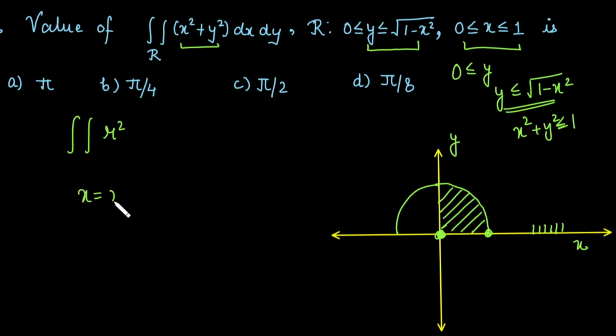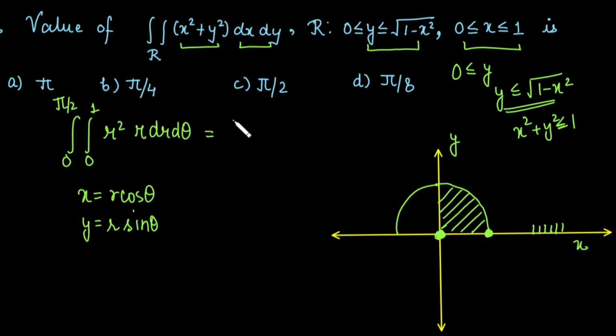When we put x is equal to r cos theta, y is equal to r sin theta, dx dy gets converted into r dr d theta. What is the limit of r? Minimum distance from the origin is 0 and the maximum distance for r is 1 because this is with radius 1. Theta is total rotation for this shaded region, that is from 0 to pi by 2.